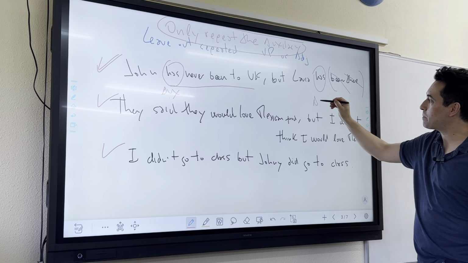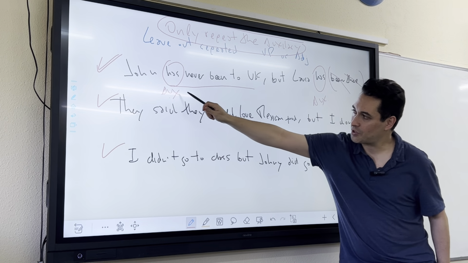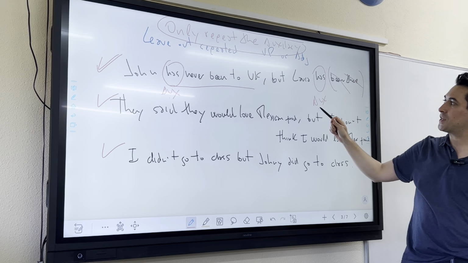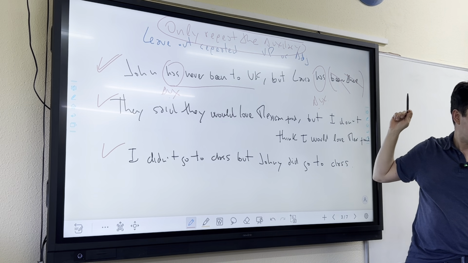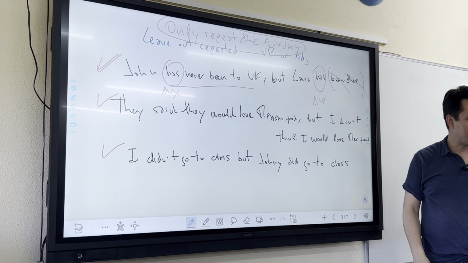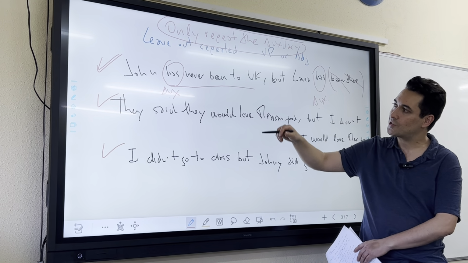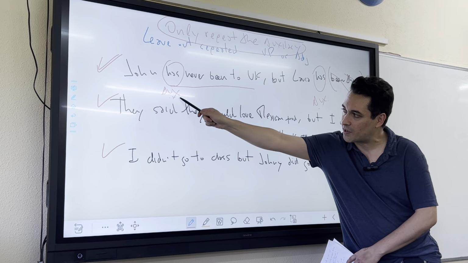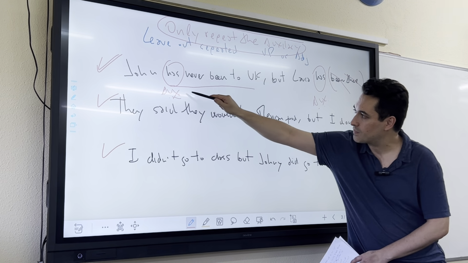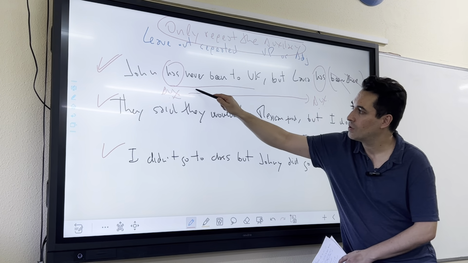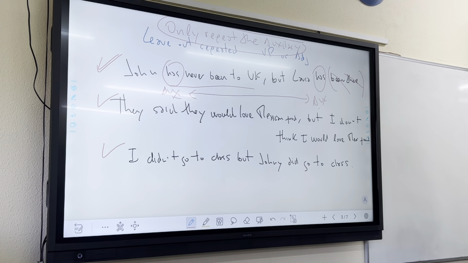We only repeat the auxiliary, not the rest. So never been to the UK is not repeated. Only the auxiliary is repeated. Auxiliary, nothing else. The same with the next one.